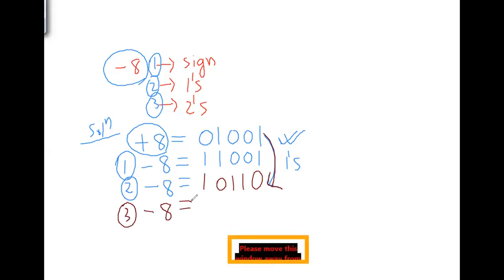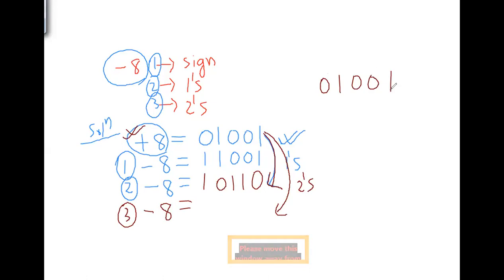Then the third case is -8 for 2's complement. So 2's complement means for this number we have to take the 2's complement. The initial number is +8. Find out what +8 is, then take its 2's complement. So 0 1 0 0 1. What does 2's complement mean? First, one's complement.